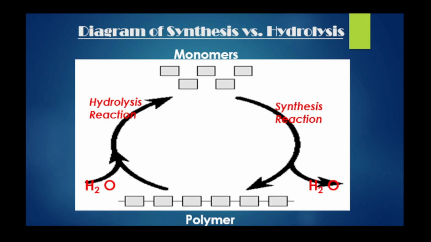So from monomers, synthesis reacts to separate the water from a monomer to create a polymer, while the hydrolysis reaction adds water in order to create a monomer. So that is how opposite they are.